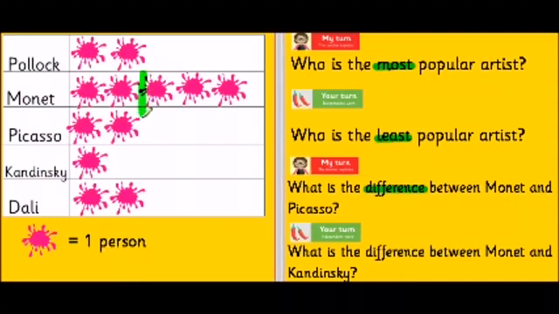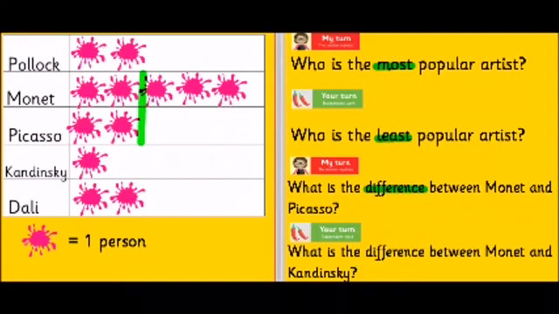And I'm just going to draw a line here to show up to that green line, they are the same. The same amount of people liked them. But you can see there is a difference after the line, and that difference is 3. So what is the difference between Monet and Picasso? 3 people.